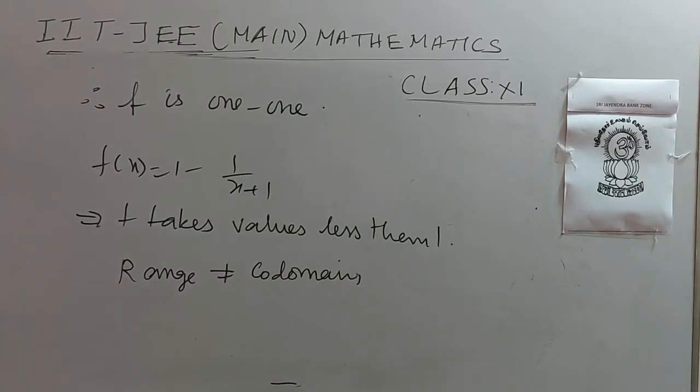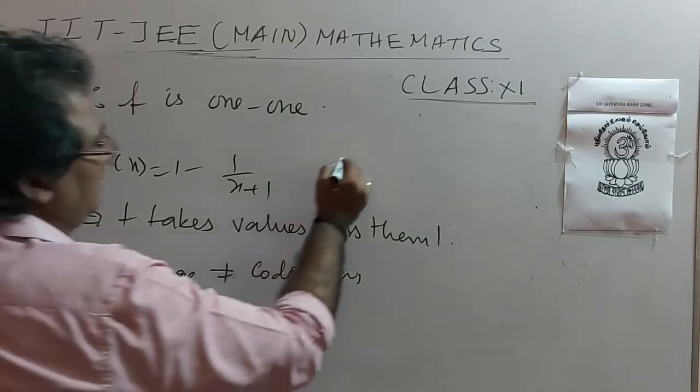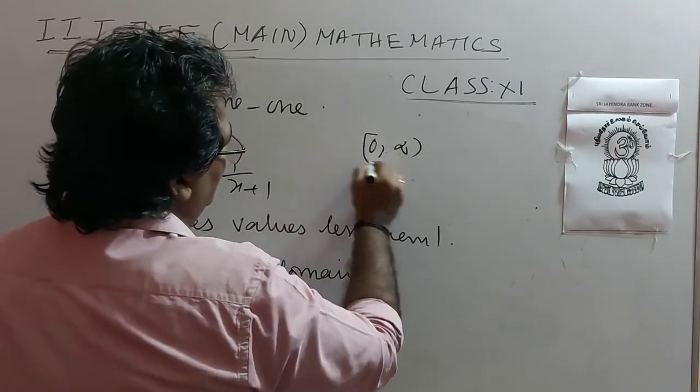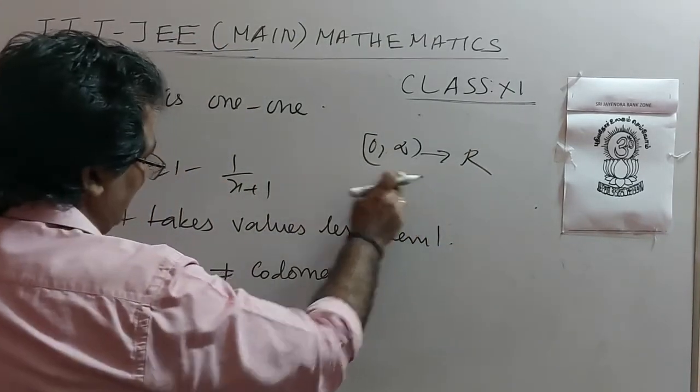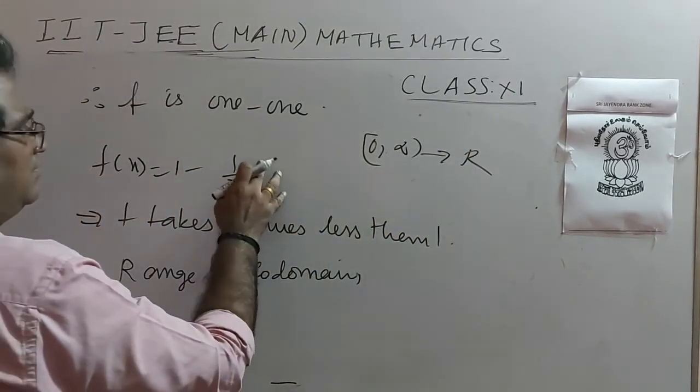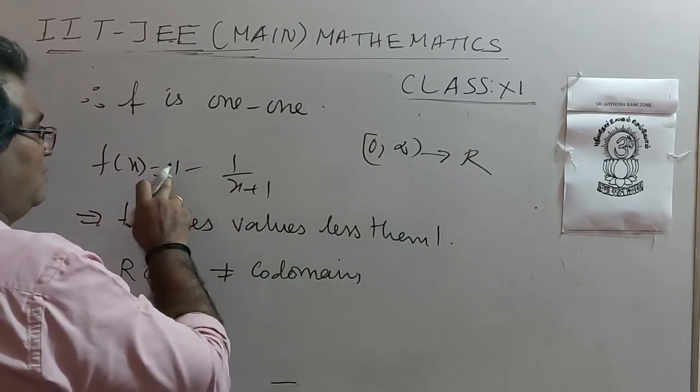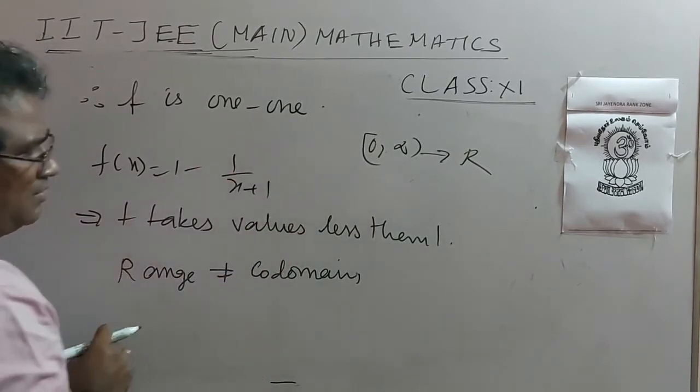Range not equal to codomain. F is given from 0, infinity to R. From 0 onwards you are taking values. So this value, we subtract 1 from this, so it should be less than 1.